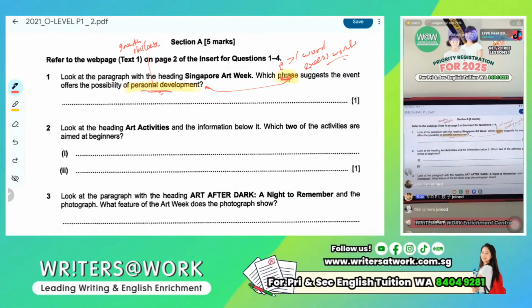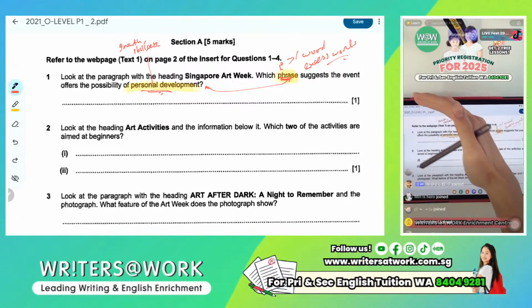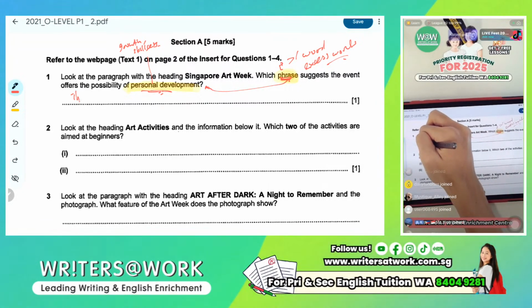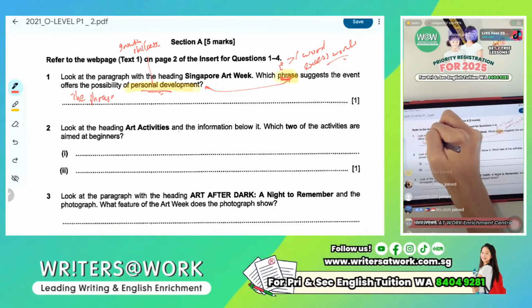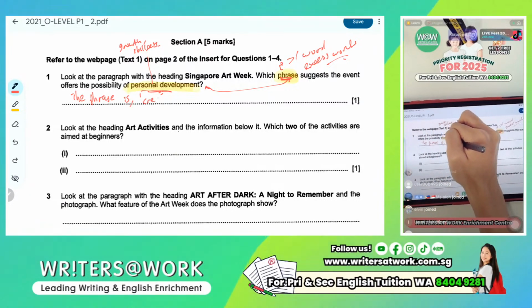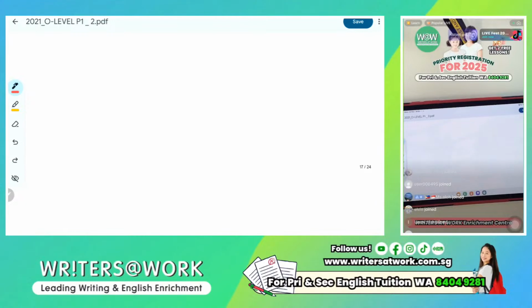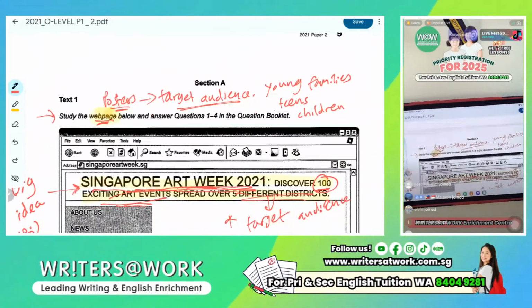So for this case, as I was pointing out to you earlier, the creative journey invokes this sense of improvement and self-realization, right? So that will be your answer. So the phrase is creative journey. Okay, so I'll just scroll down and show you which part of the text it is from.